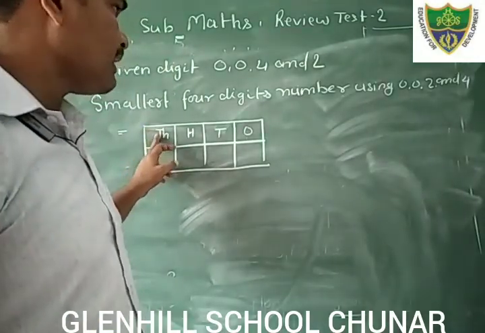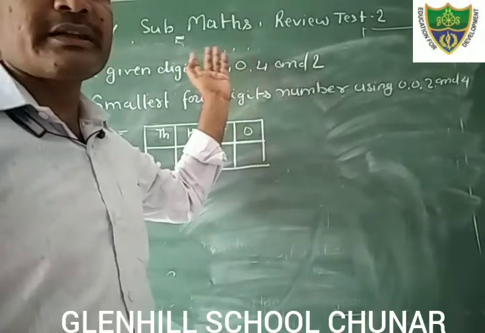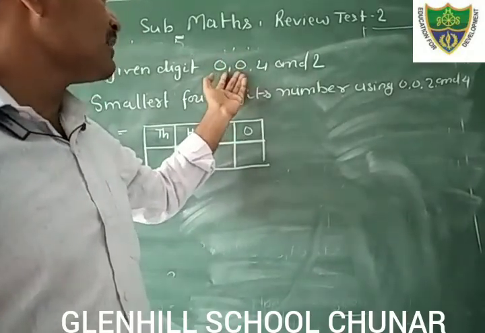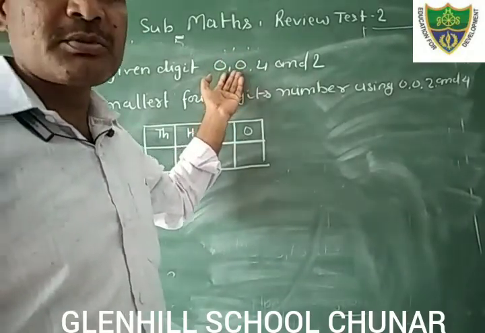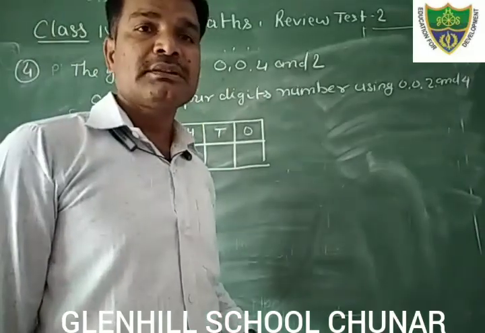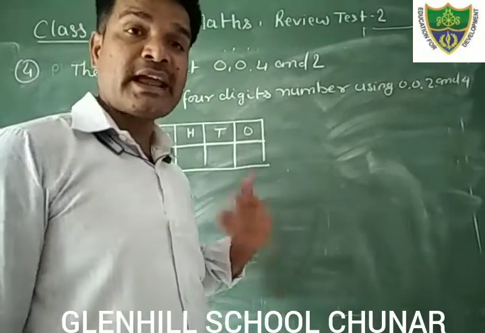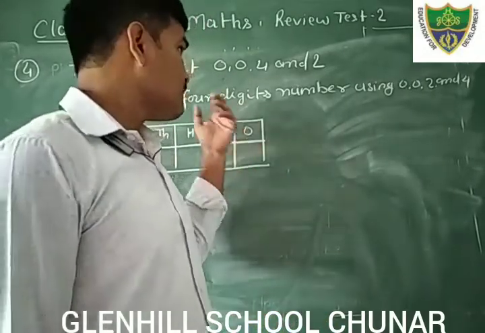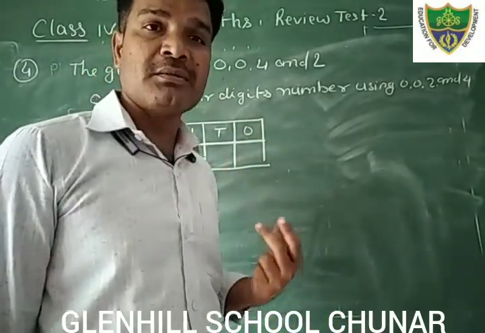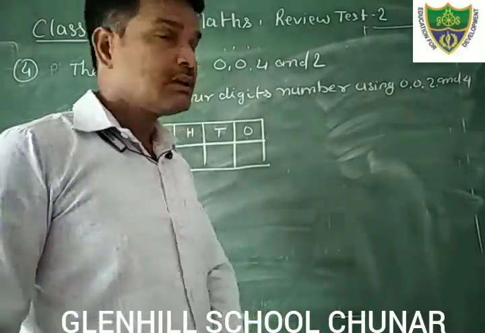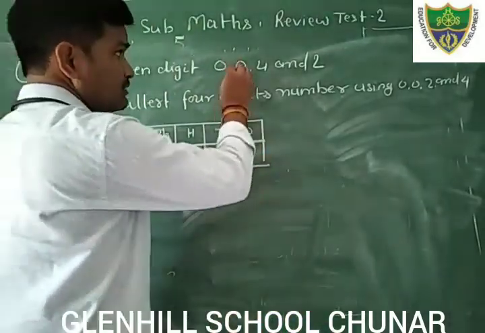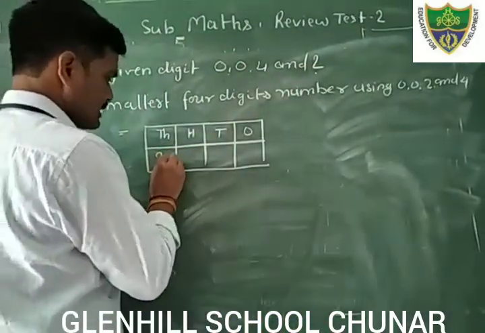So we write here the smallest digit in the given digits. Here 0 is the smallest digit, but we will not write the 0 because if we write the 0, then the given number is not a 4-digit number. So we write the next smallest. First we write the smallest number except the 0. Here the smallest number except the 0, that is 2.